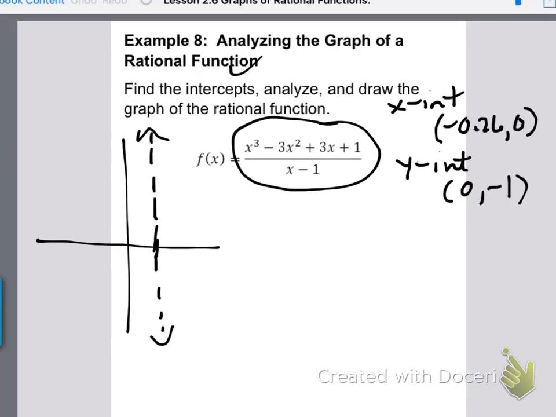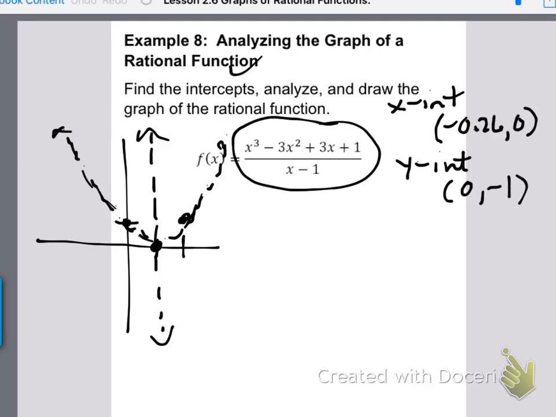Now, when I go to graph that, at 0, I get 1. The vertex is 1, 0, excuse me. Symmetry can put you on the other side. So your asymptote is actually a parabola.